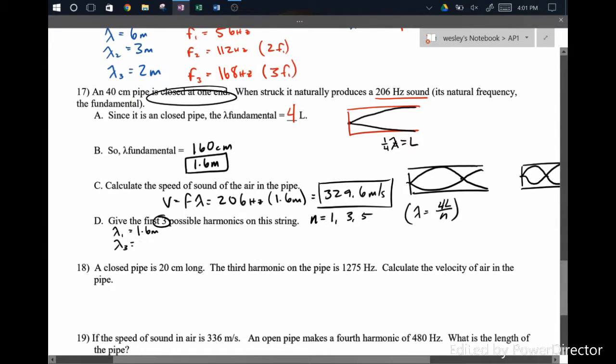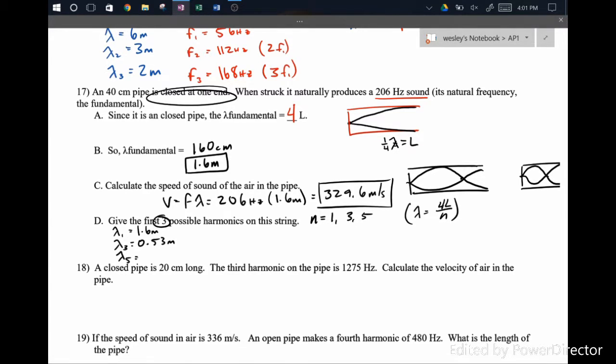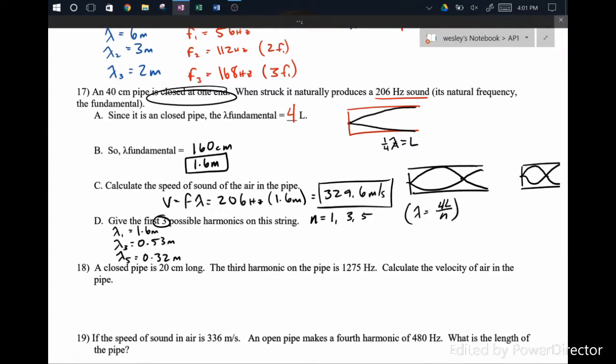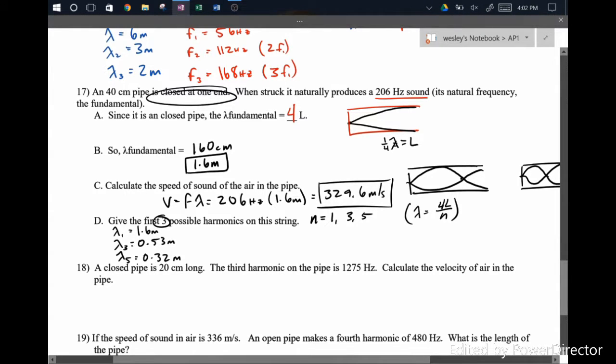So that's going to be a little smaller, 0.53 meters. And then lambda 5 is going to be 4 times 40 divided by 5, or 0.32 meters.